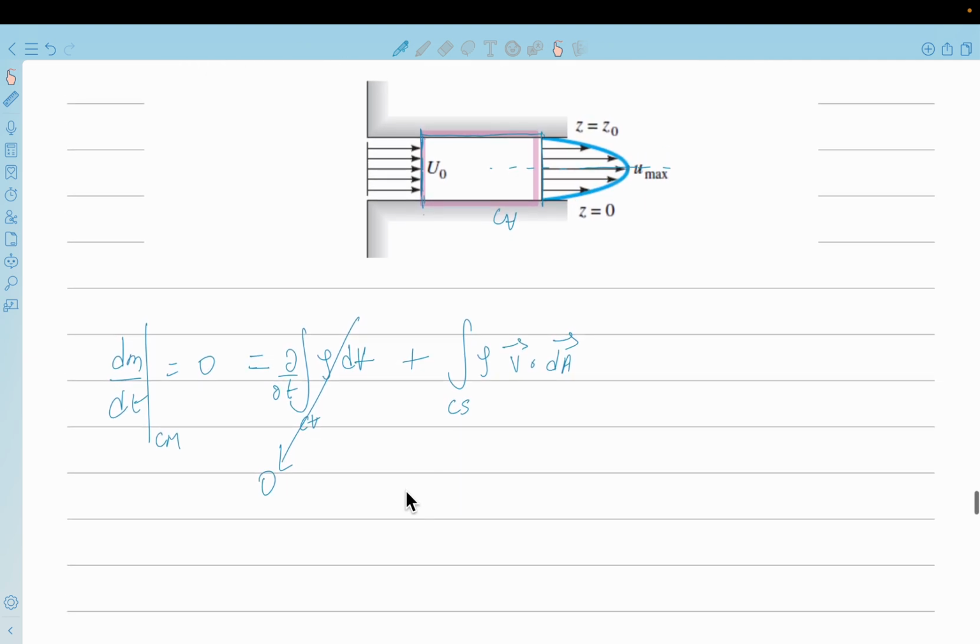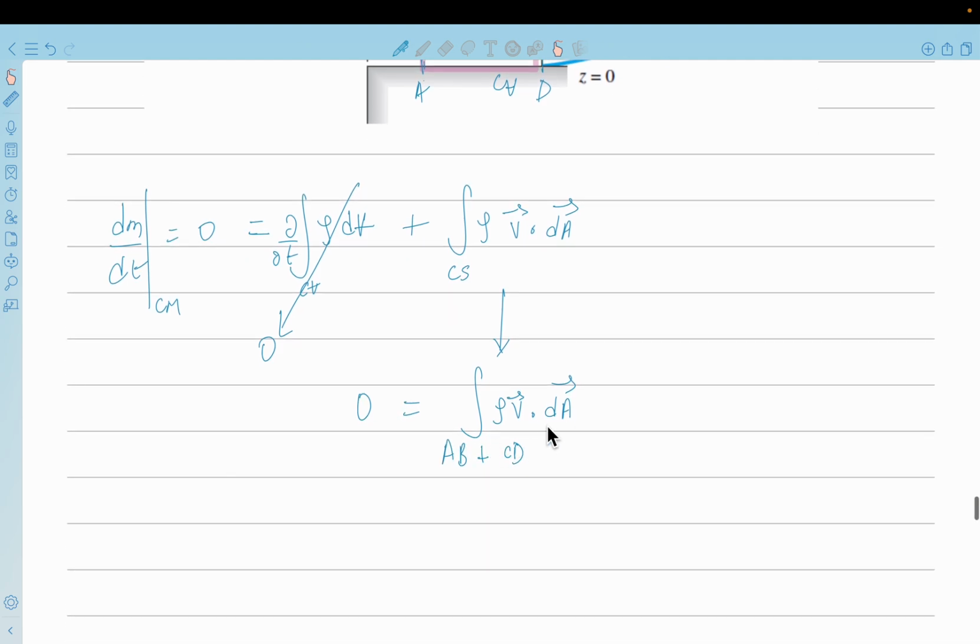Then I just have to evaluate this integral, and again we have, let's say, A, B, C, D. A, B and C, D are the only control surfaces that I have to worry about, right? So we have 0 equal to the integral of rho v dot dA over AB and over CD. Again, I'm going to take out density because it's constant, so we have to conserve the integral of v dot dA.